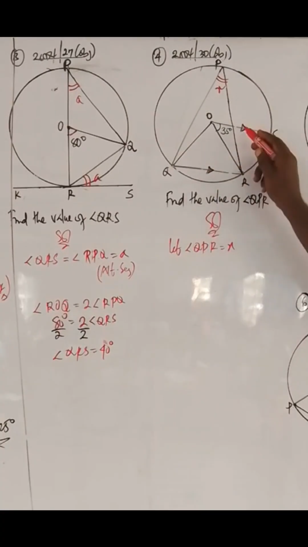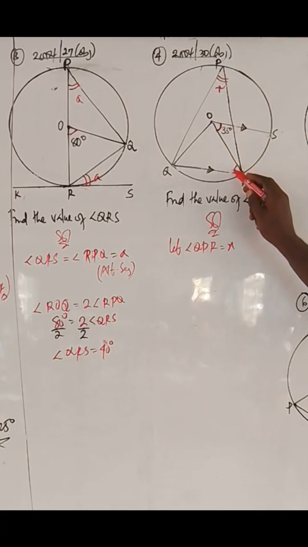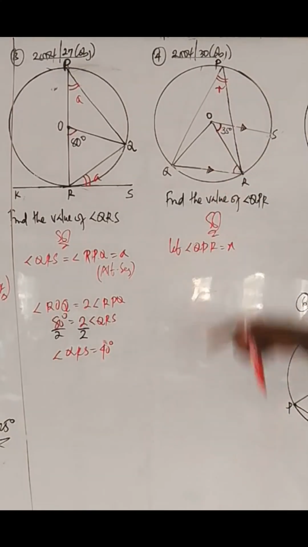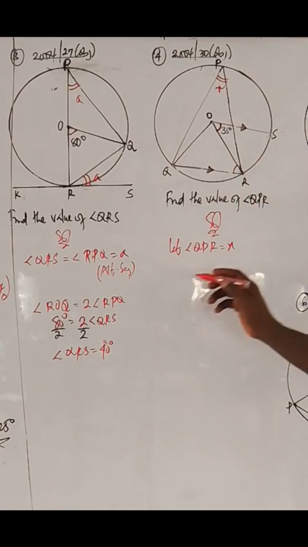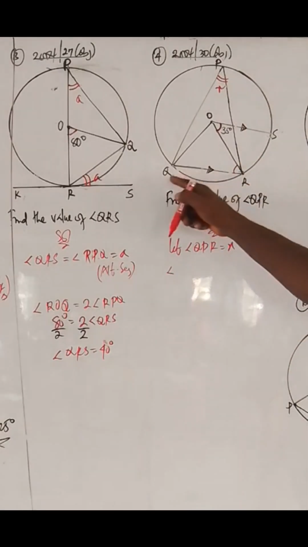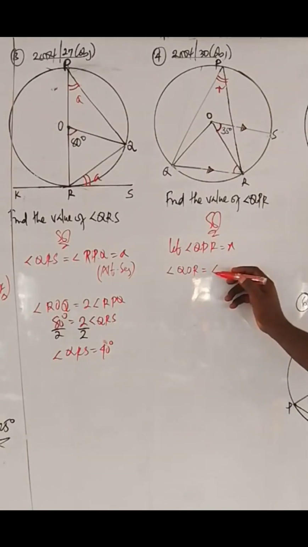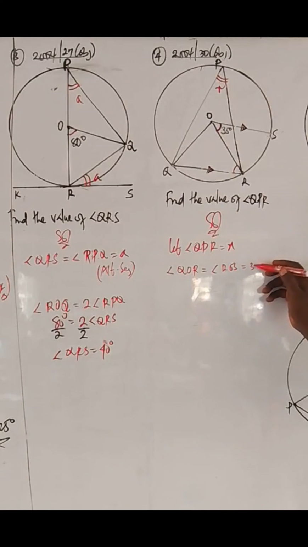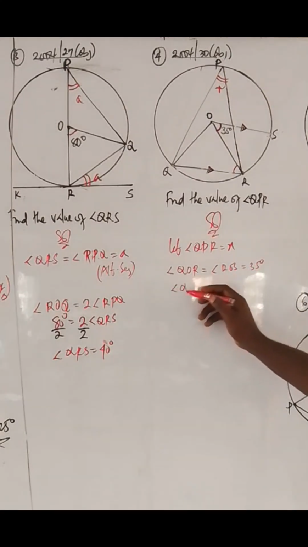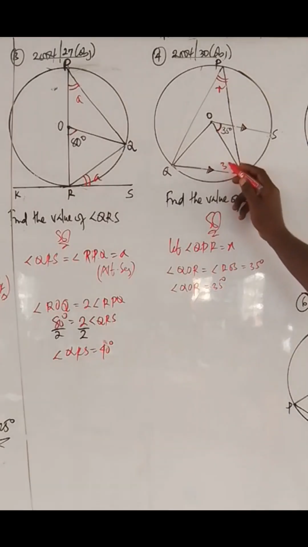That's why these arrows are put there. So obviously, this angle and this angle are the same because they are alternate angles. So you can say angle QRO equals angle ROS, which equals 35 degrees. So we can just put it here as 35 degrees.